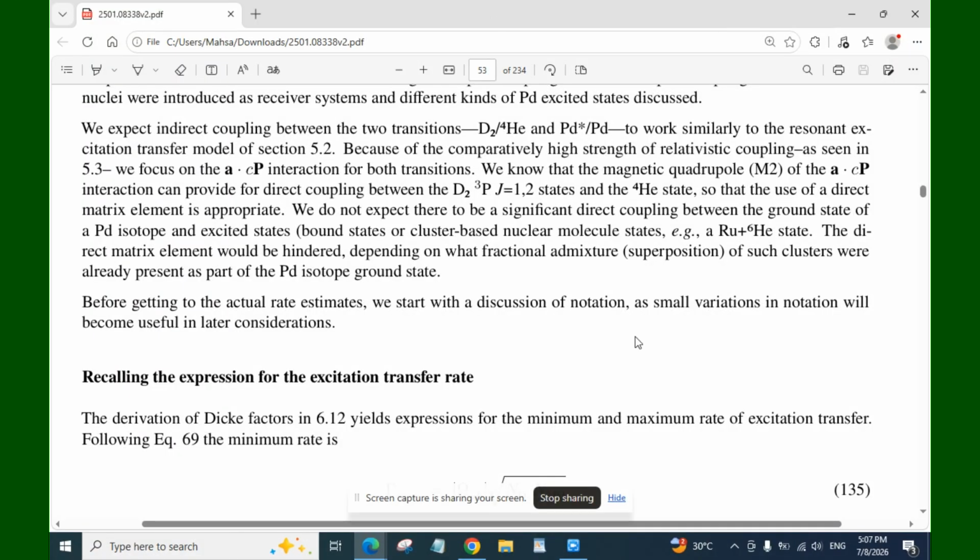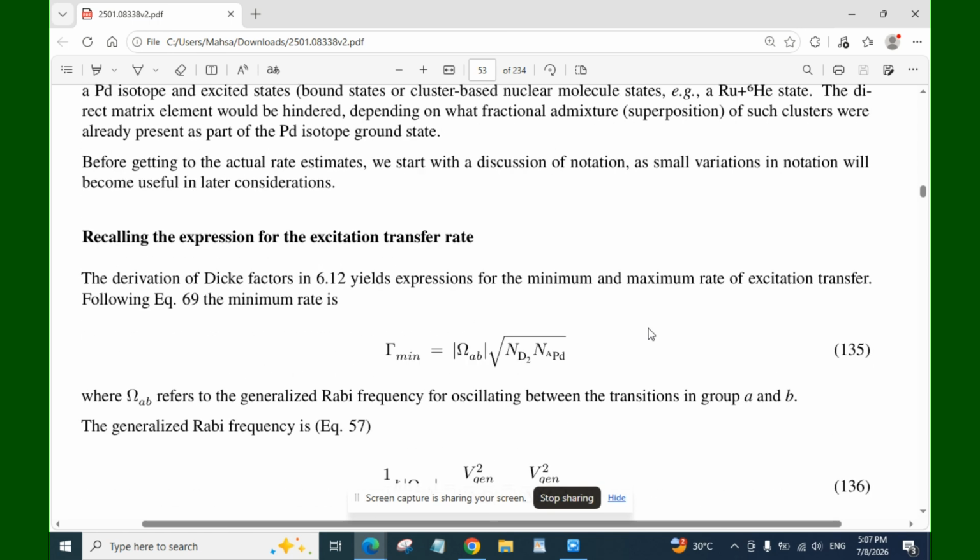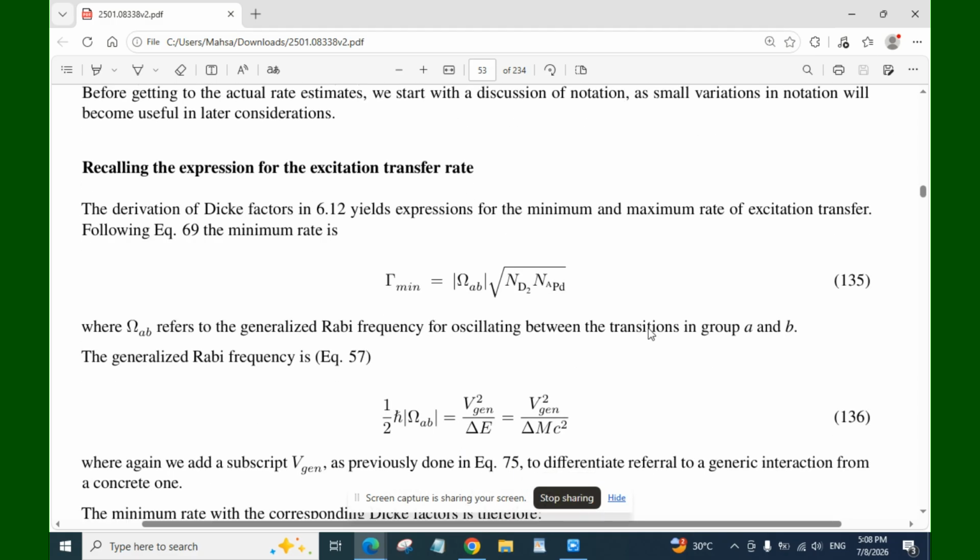The direct matrix element would be hindered, depending on what fractional admixture, a superposition of such clusters, was already present as a part of the palladium isotope ground state. Before getting to the actual rate estimates, we start with a discussion of notation, as small variations in notation will become useful in later considerations.